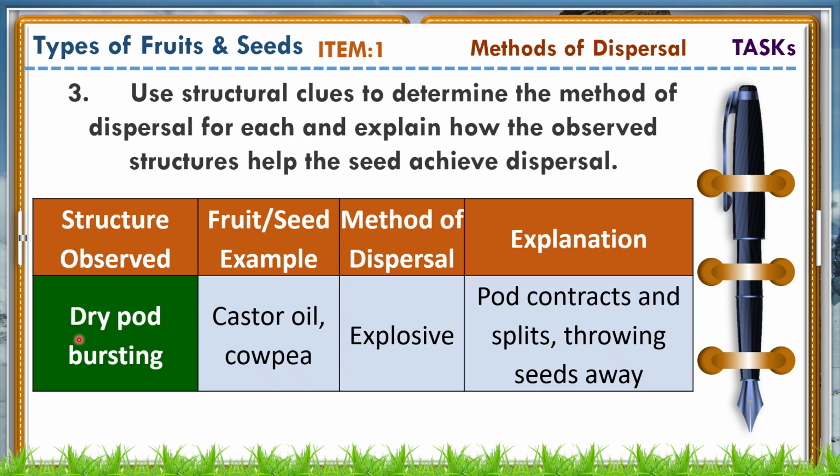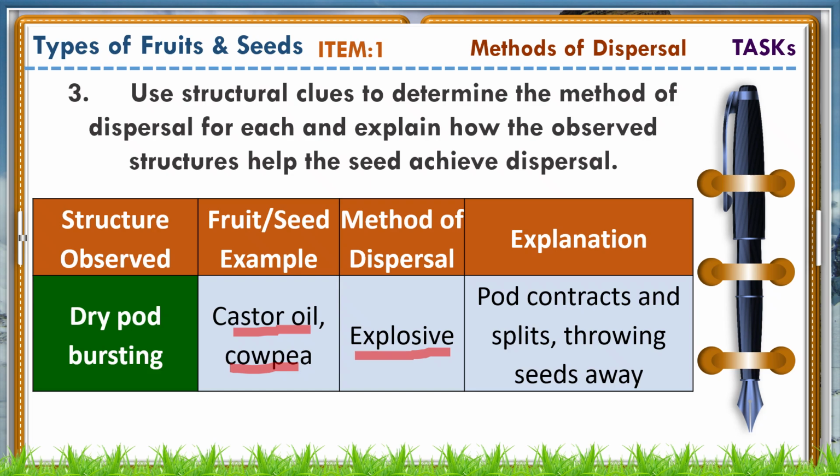Then we have another structure which is dry pod bursting. These ones we find them in castor oil and cowpeas. The method of dispersal is explosive.